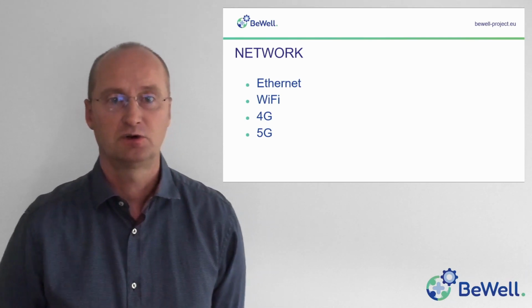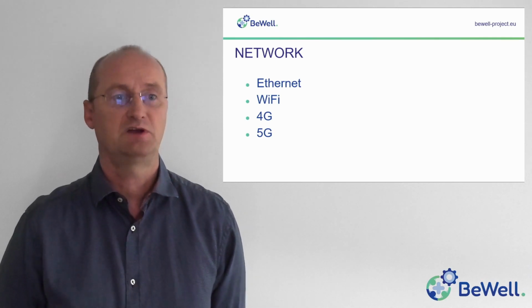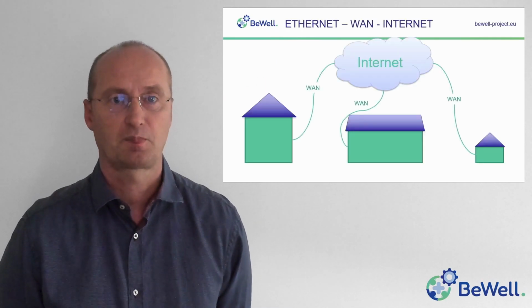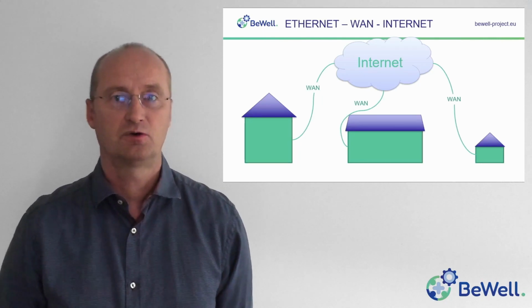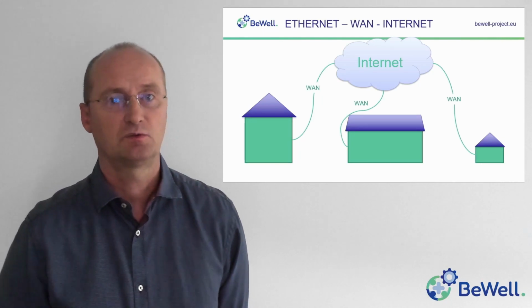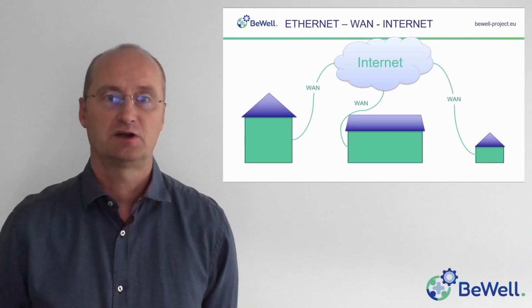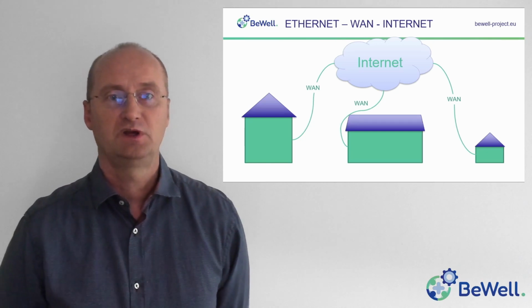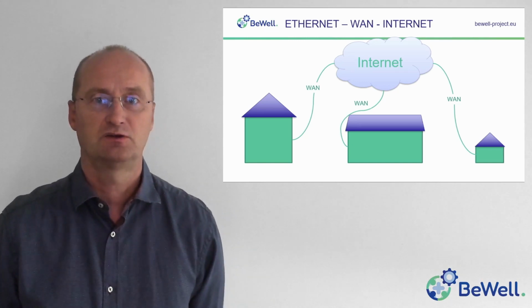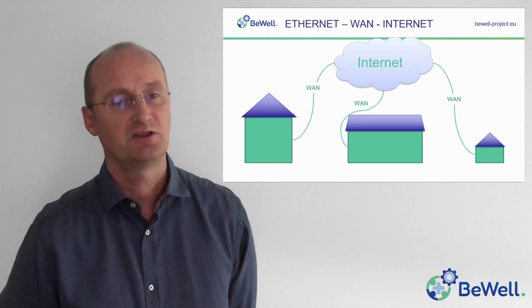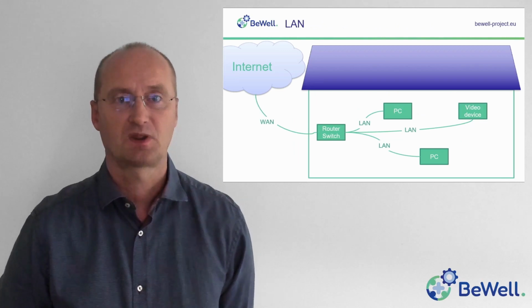Here I will go through only the basics. Ethernet is also known as WAN or LAN. WAN, Wide Area Network, is like a network between companies, healthcare organizations and homes and others, also known as the Internet.